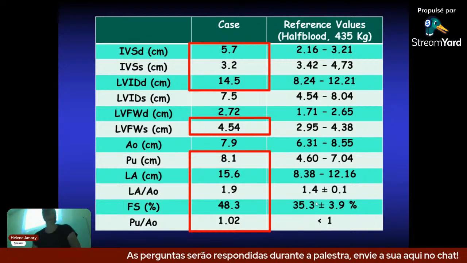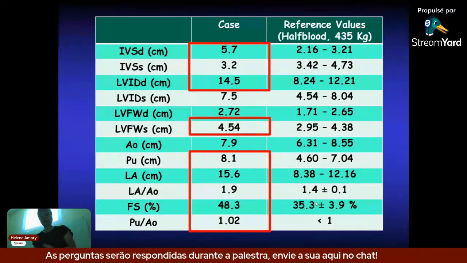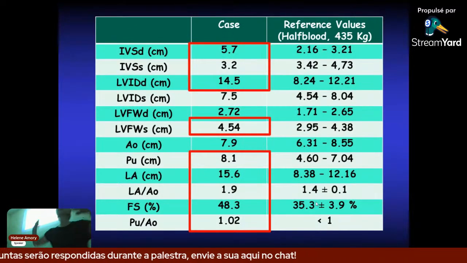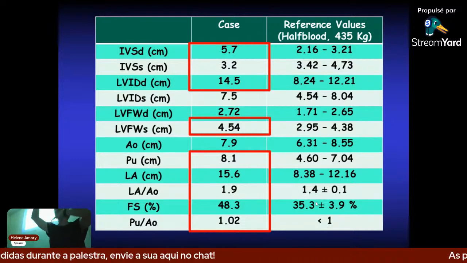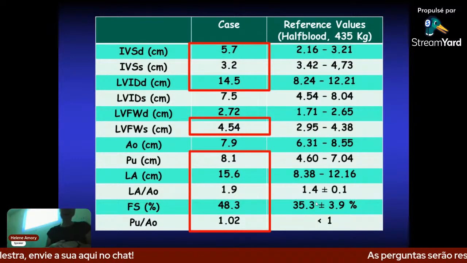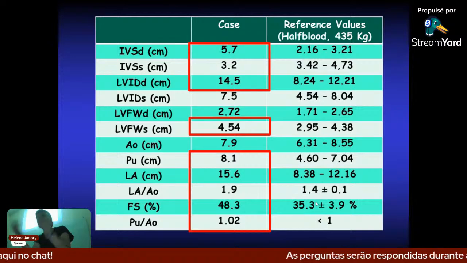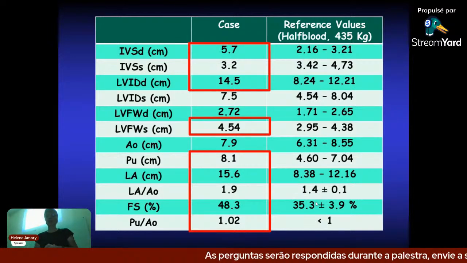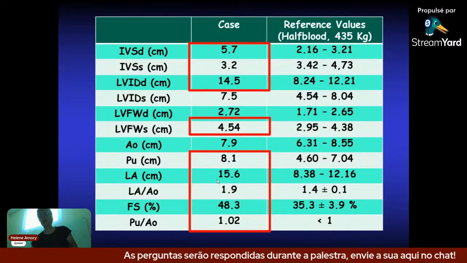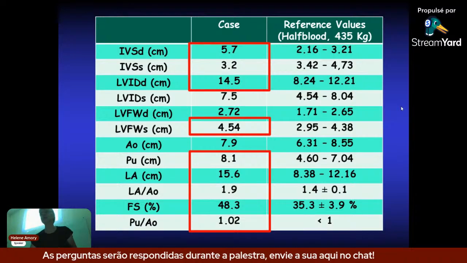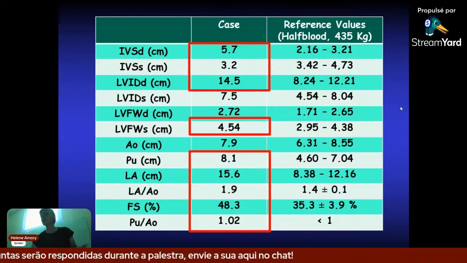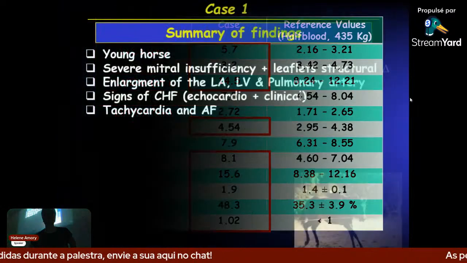The relationship between left atrium and aorta was increased. The fractional shortening, which is the proportion of contraction of the ventricle during systole, has increased, but we saw it just looking at the images and at the movies. And the ratio between pulmonary artery and aorta was increased. There are a lot of measurements that were out of the reference value.